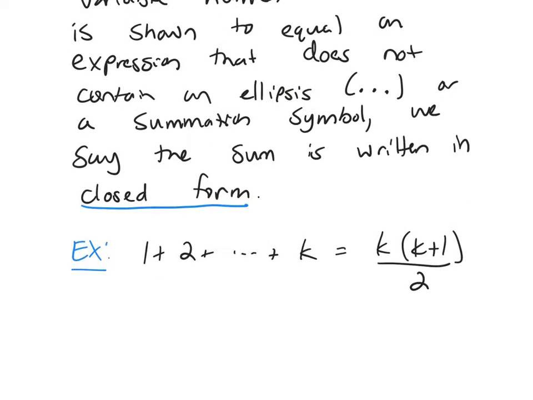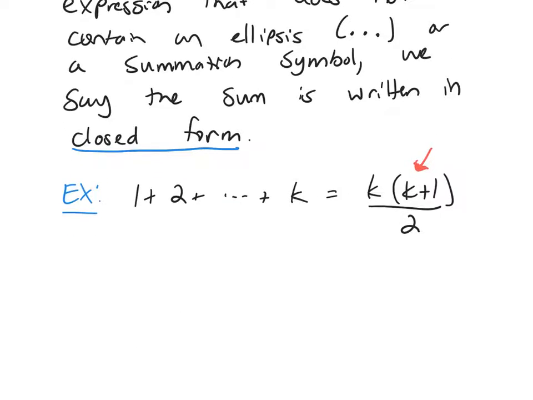So if you look over here on this right-hand side, there's no summation symbol, there's no ... So this would be a closed form. So let's try to express some summations in closed form.